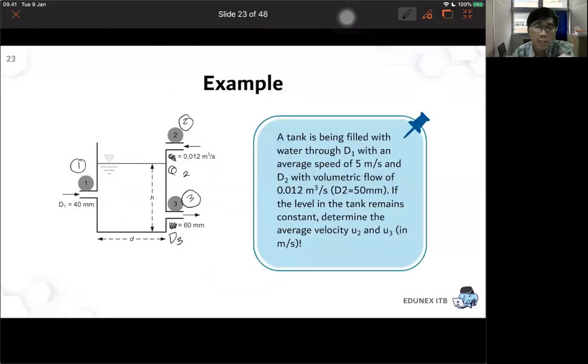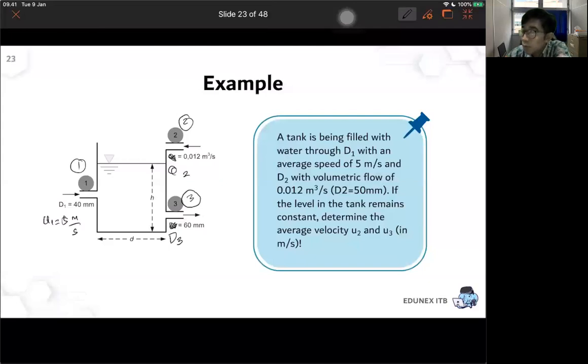So the system is the tank. The tank is filled with water. The filling point is from point 1 and point 2. At point 1, the average velocity will be 5 meters per second.